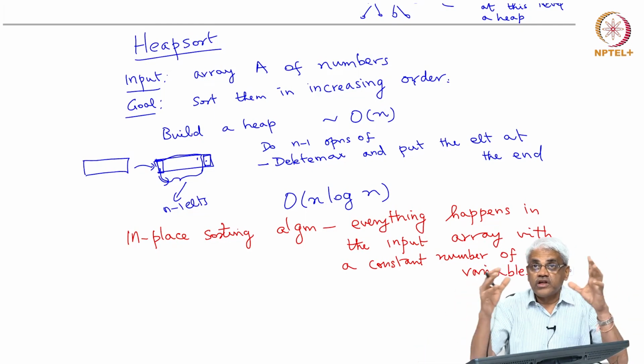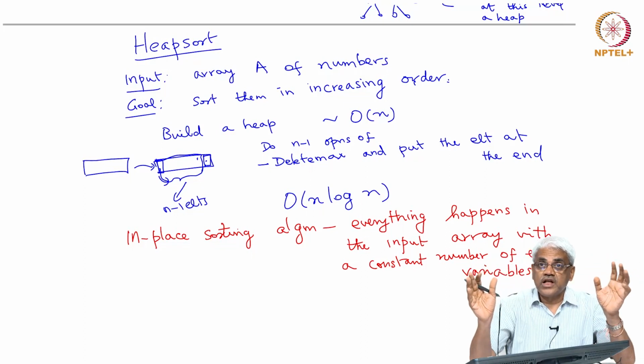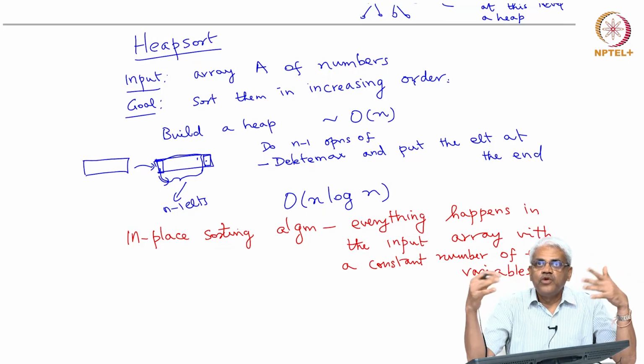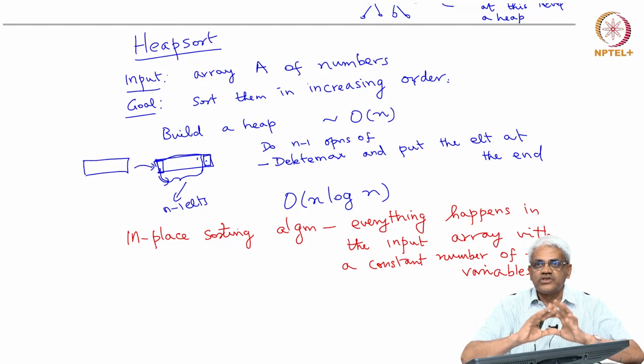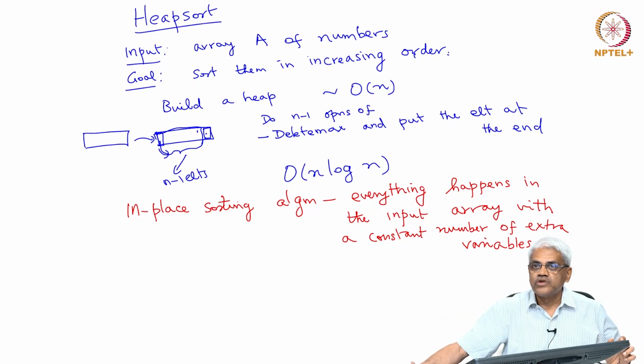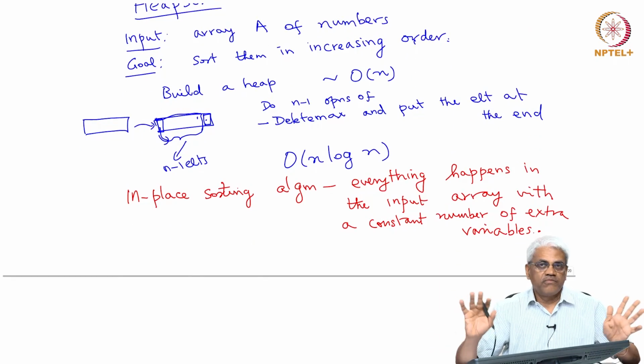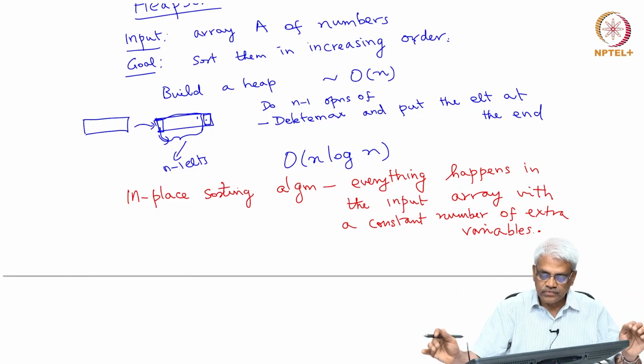It is one of the very few sorting algorithms where it's an n log n sorting algorithm and it does not use huge extra space. It uses a constant number of extra variables, not space proportional to some function of the input size.